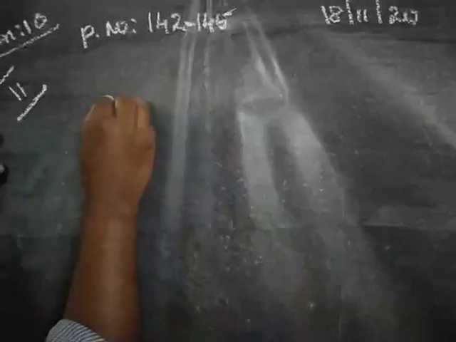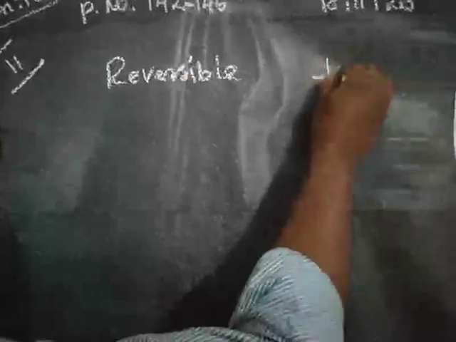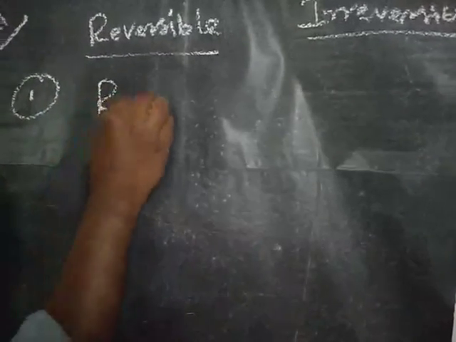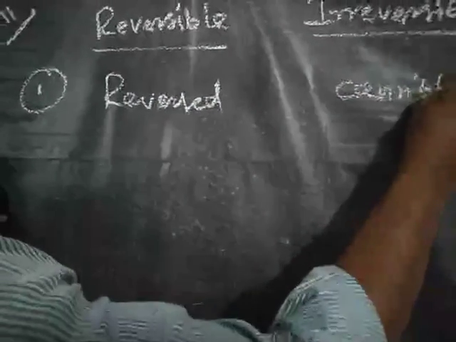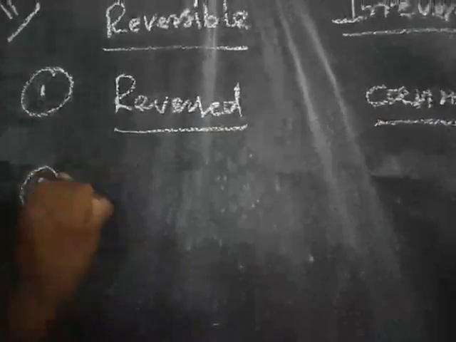Reversible, irreversible. First point, it can be reversed under suitable conditions; here it cannot be reversed.